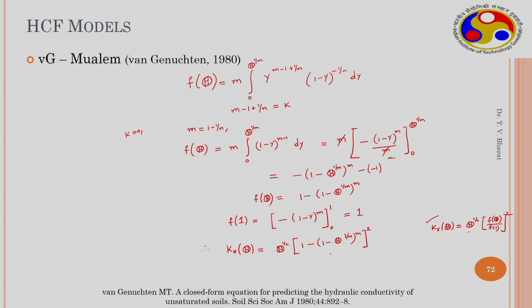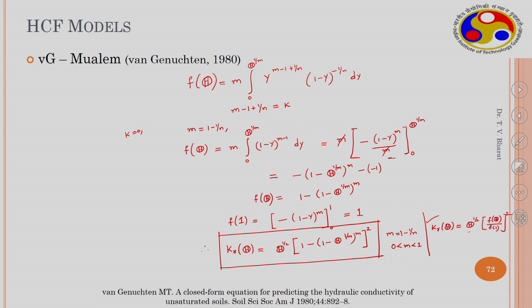This is from Mualem's model, therefore, this is the solution. However, there is a condition that m should be equal to 1 minus 1 by n, and m should be between 0 and 1.